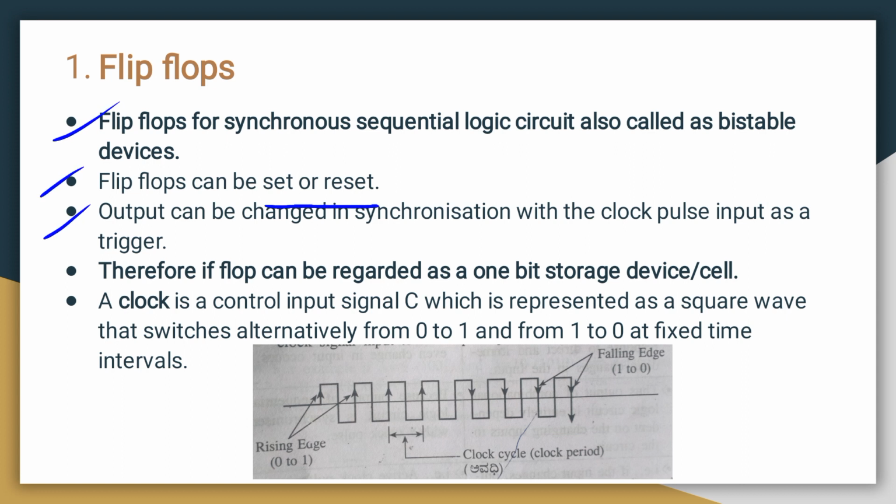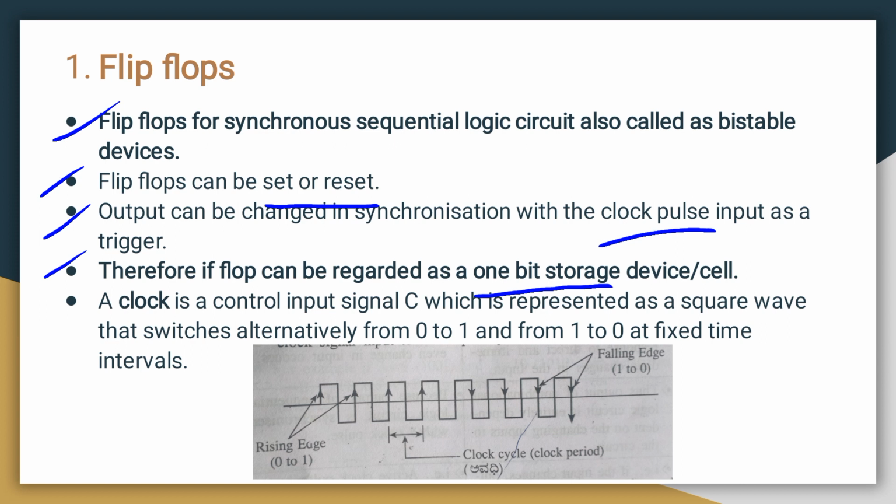The output can be changed in synchronization with the clock pulse input as a trigger. Therefore, a flip-flop can be regarded as a 1-bit storage device. This is the main advantage of using a flip-flop: it stores 1 bit as its storage capacity. That is why we use flip-flops in registers, counters and so on.